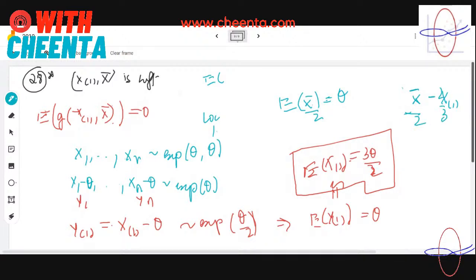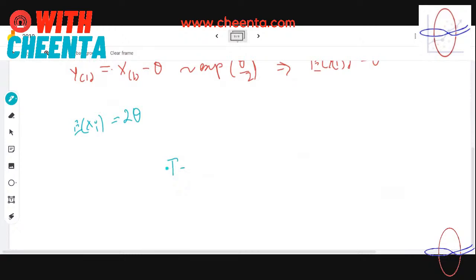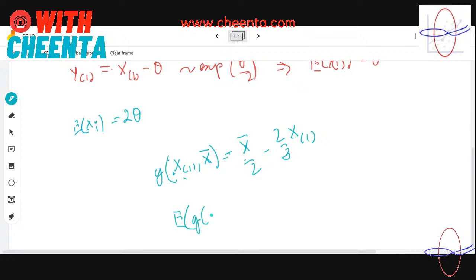So observe that if you take g of t, that is g of x1 comma x bar, equal to x bar by 2 minus 2 by 3 x1, the expectation of g of t will be equal to 0.